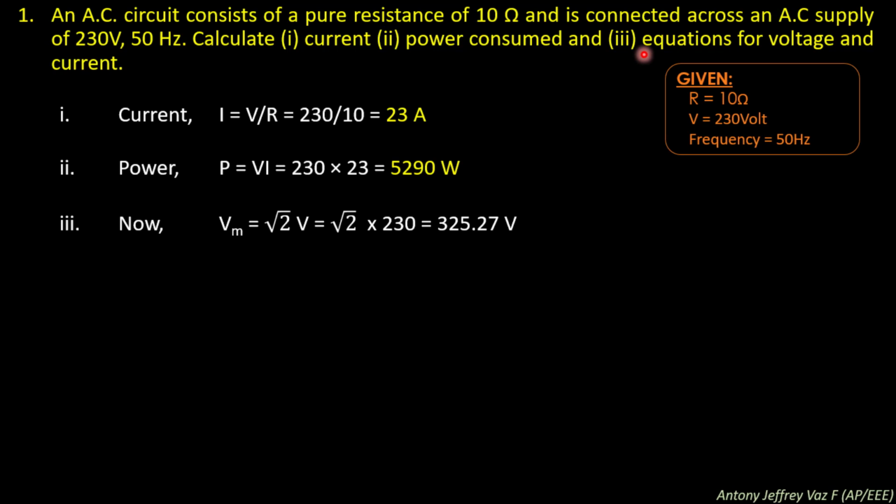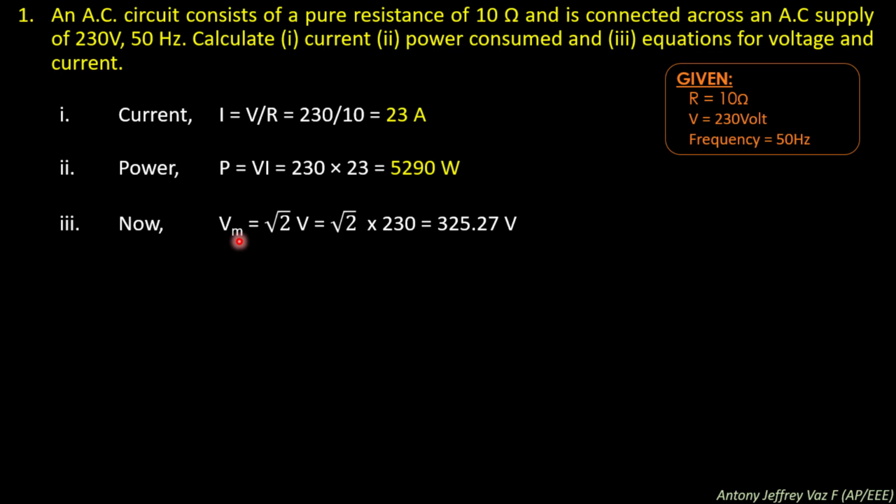Now, the last part of the problem is you need to find the equation for voltage and current. To do this, we need to know the maximum voltage and the maximum current in the sinusoidal waveform. You need to find the Vm, that is the maximum voltage.